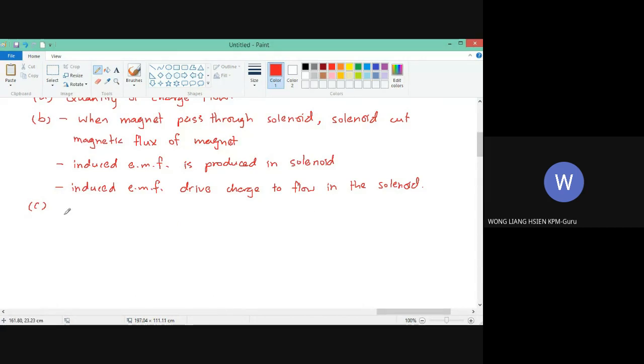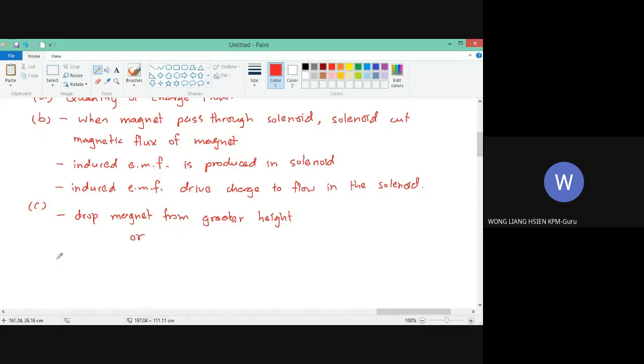the current. Okay, so the first is we can say that we drop magnet from greater height. Okay, drop magnet from greater height. This is one.